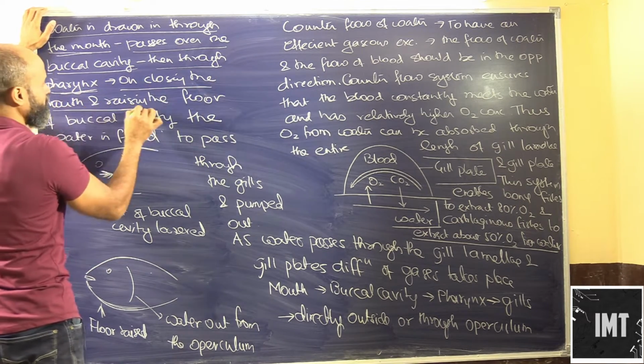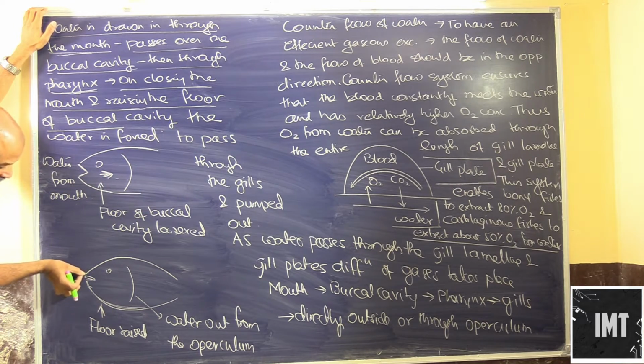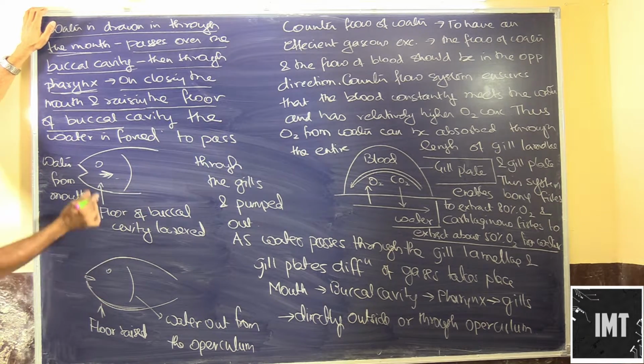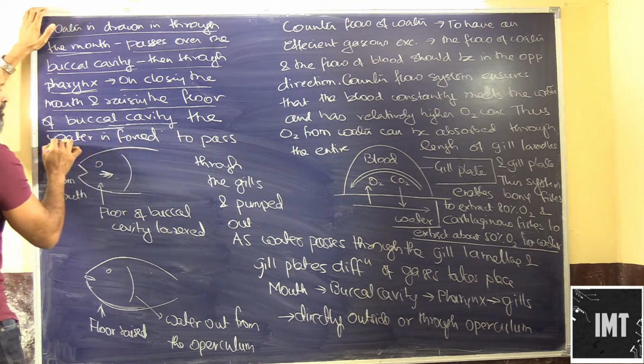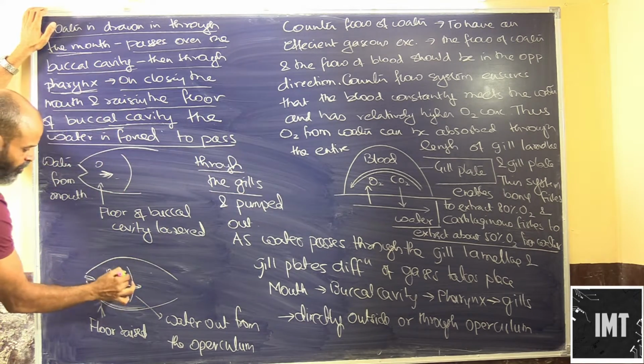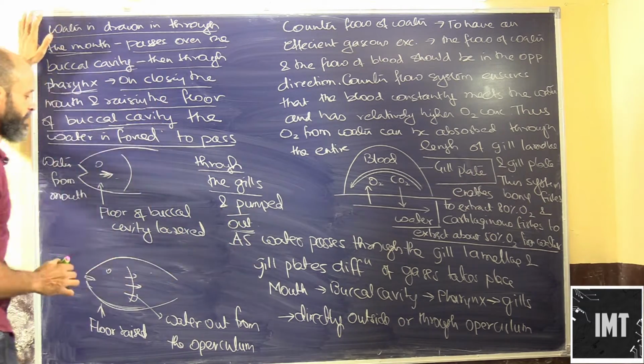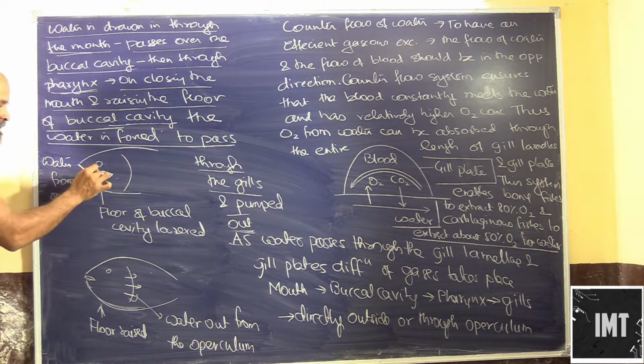On closing the mouth and raising the floor of the buccal cavity, the water is forced to pass through the gills and is pumped out. So water enters from the mouth.